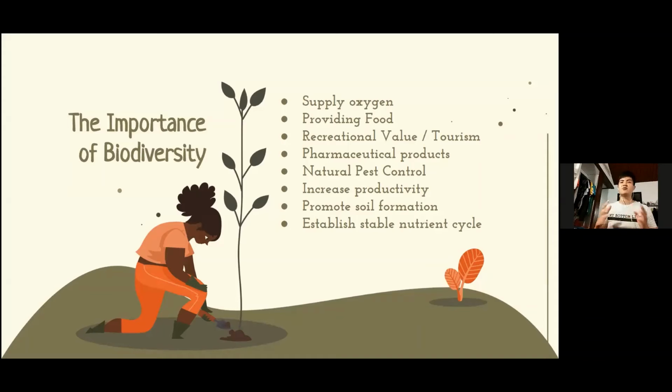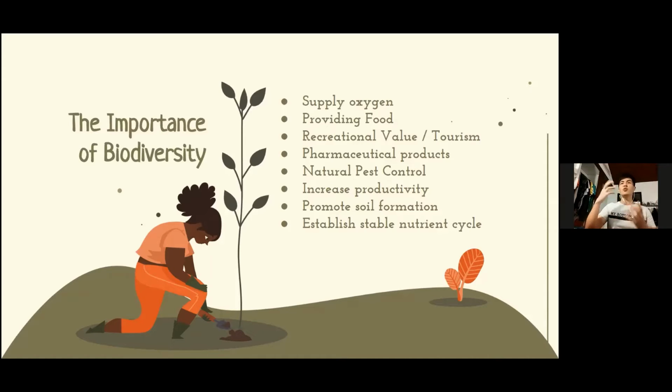We don't have to apply a lot of herbicide or any other pesticide, and with biodiversity, we also increase productivity in a certain land, because with this association between plants and animals with other microbes, they form a nutrient cycle, which is really helpful for the whole ecosystem.